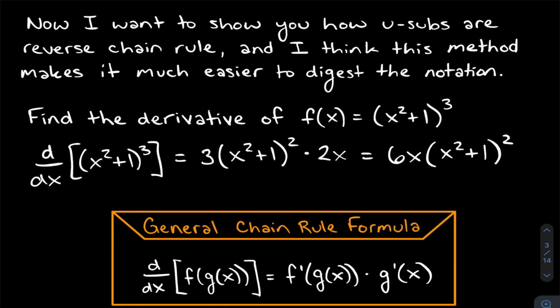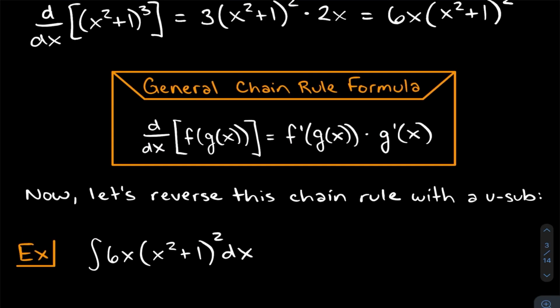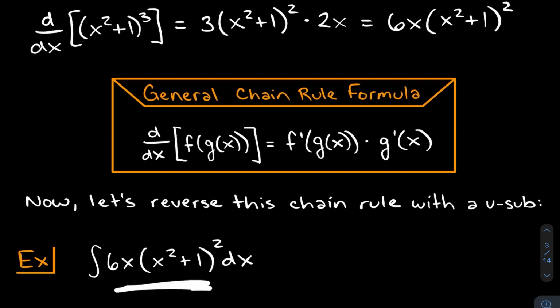Okay? And if you can understand that, and you understand me plugging in u in different places just to help you understand the idea of a function inside of another function, well, what I actually just did there was I made a u-substitution. We're now going to do that to help us simplify integrals. Because as you might be able to see here, with this integral, we're not going to be able to just use reverse power rule.